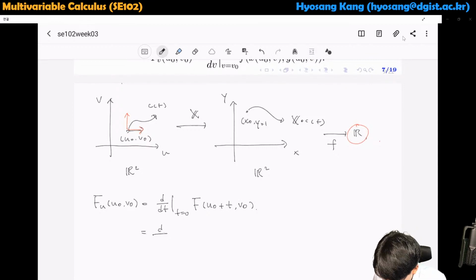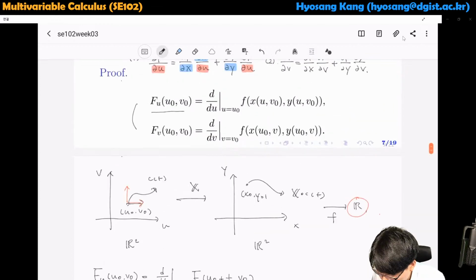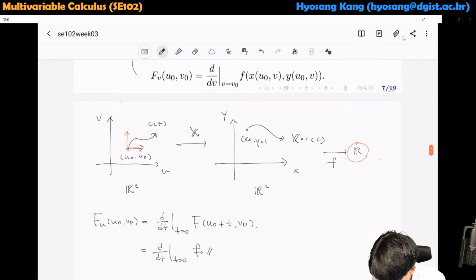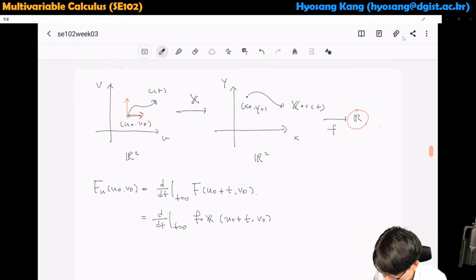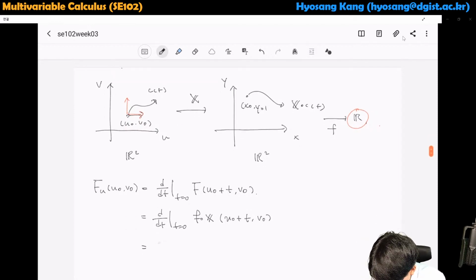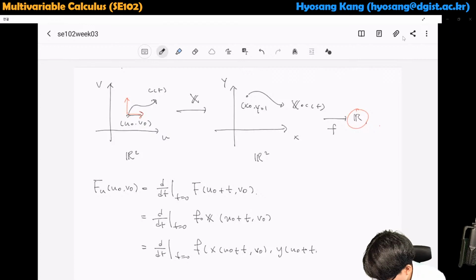And let's rewrite my composition. The derivative at t=0 of f composite c(t), with x of (u0 plus t, v0). Let's rewrite that in terms of x and y: f of (x(u0 plus t, v0), y(u0 plus t, v0)).